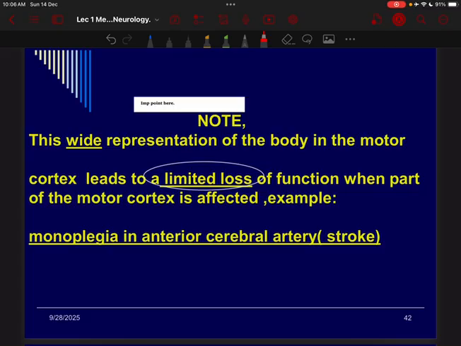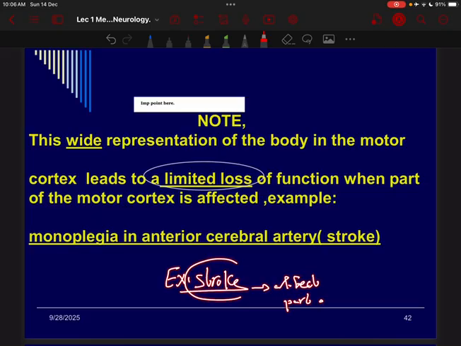So that's why if we have a lesion in the motor area, for example, stroke, CVA, because of anterior cerebral artery, the stroke will affect part of the motor area. This will lead to weakness on the opposite side, but it is limited.